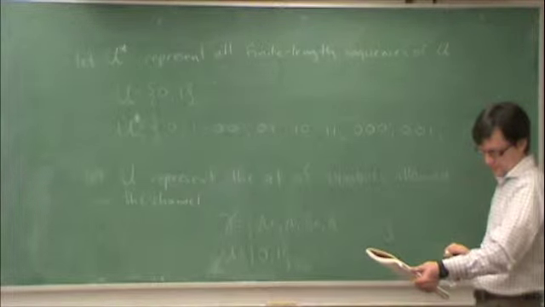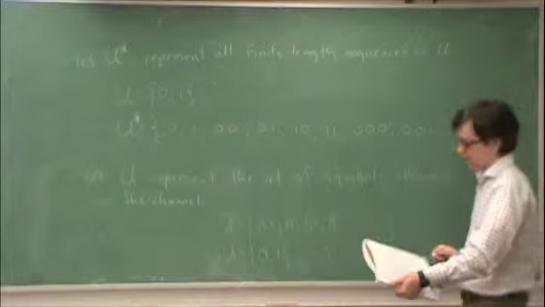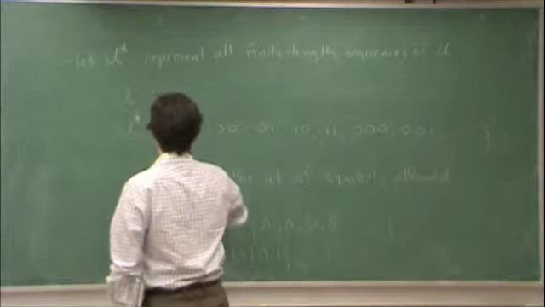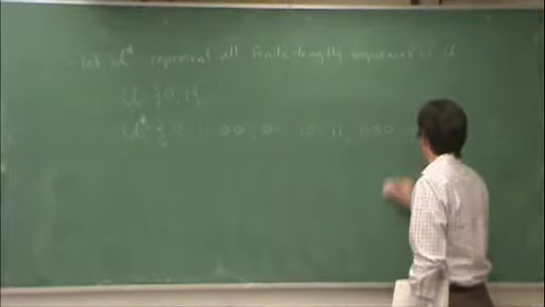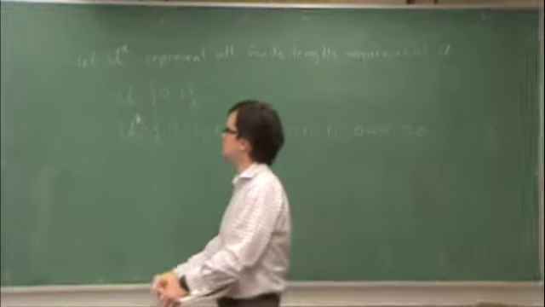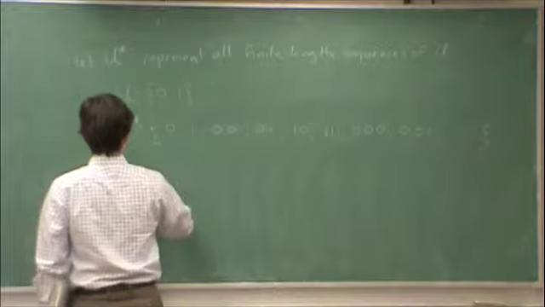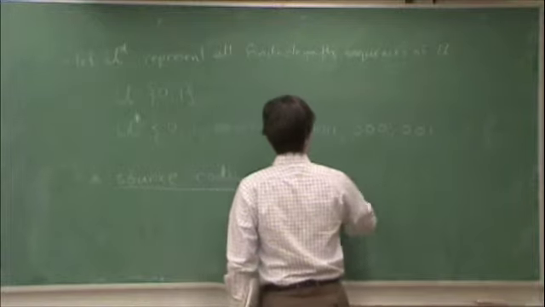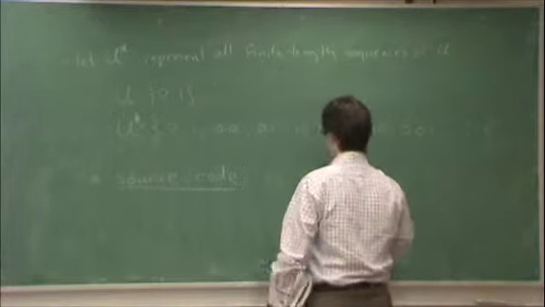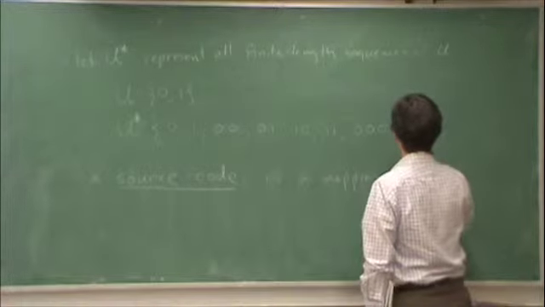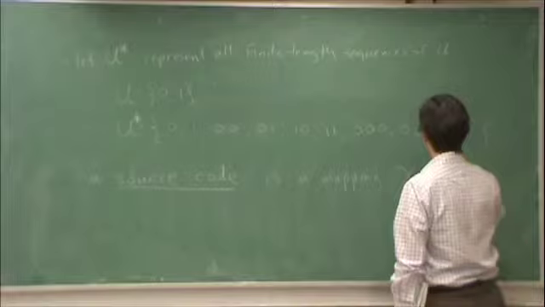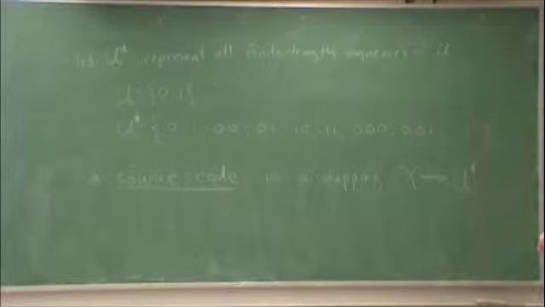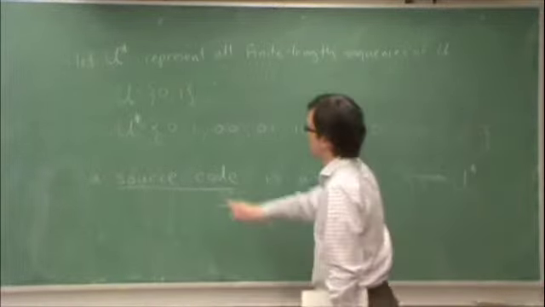So the formal definition of a source code is a mapping from the sample space of the outcomes X to the set of finite length strings of the channel alphabet.